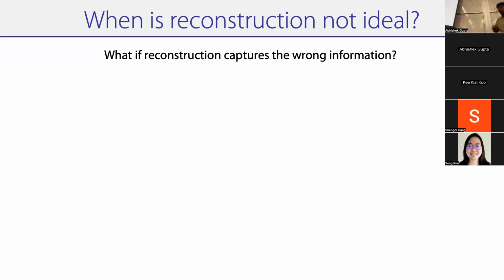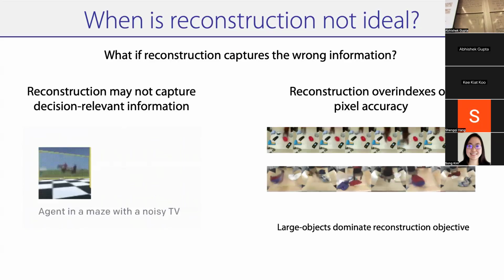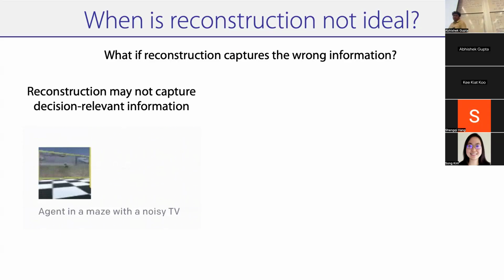In robotics, often you'll have your camera placed in a way where your arm dominates the whole scene. But if you care about decision making, you often care about the objects in the world, right? And so reconstruction typically rewards things that occupy the most pixels. And so you don't always want to reward things that occupy the most pixels. You want to capture the information that you need for decision. Right. So in these cases, there's a few different ways to do it.